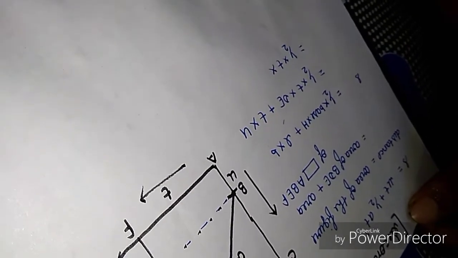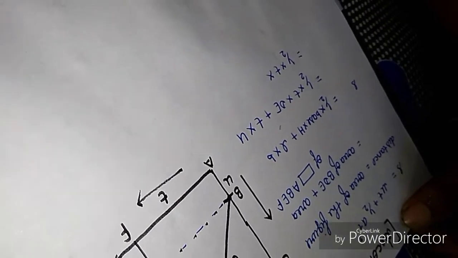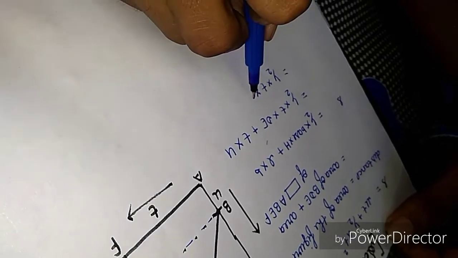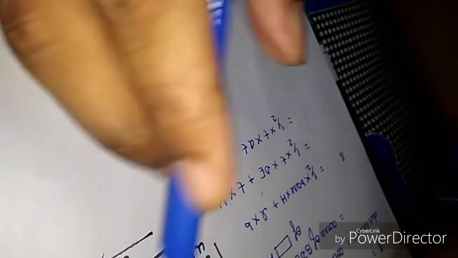In the last lecture, we found the value of DE, which is equal to at, plus t into u.